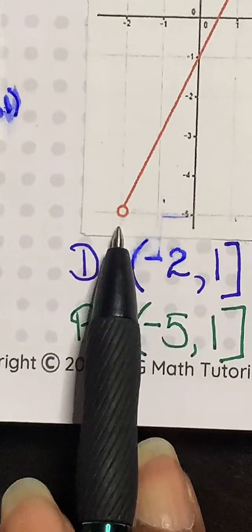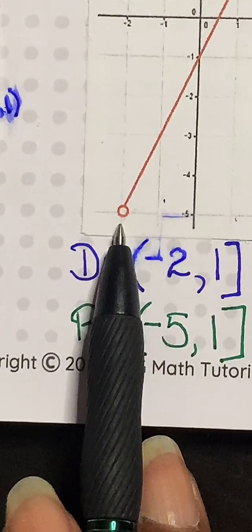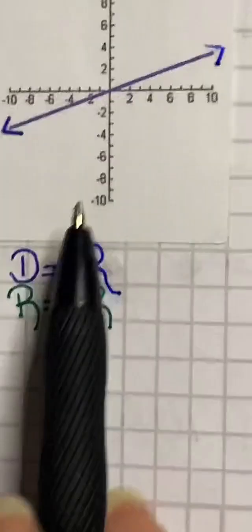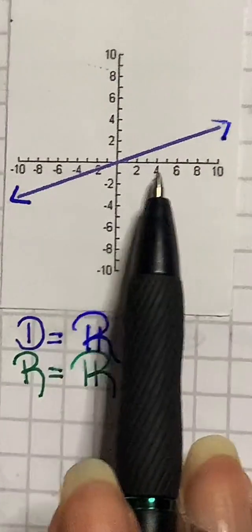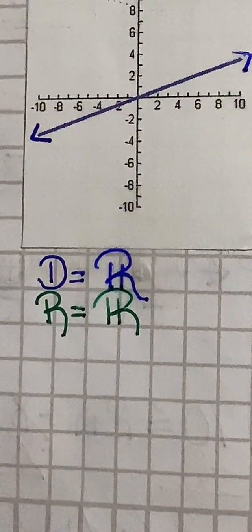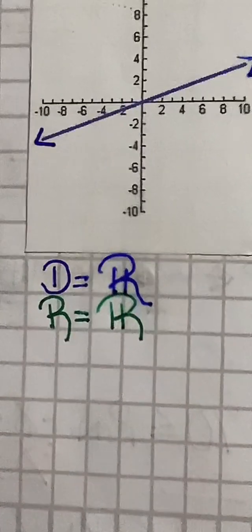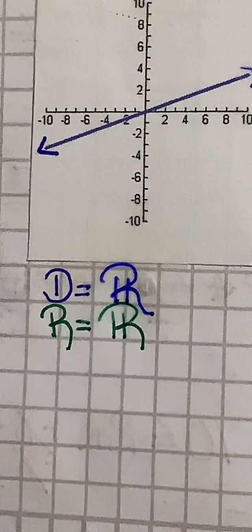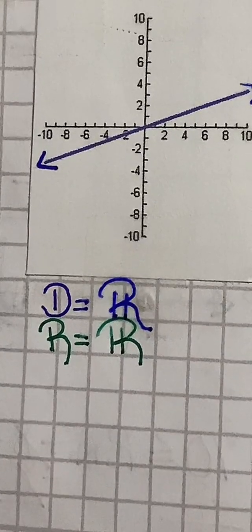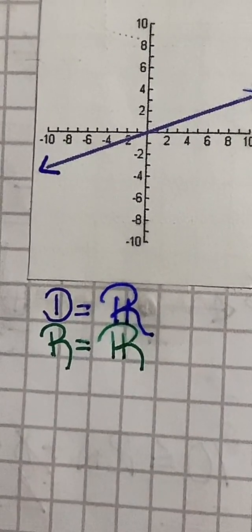If it had an end point down here, that's a stopping point. But anytime it has arrows and it's just a straight line, it's always going to be all real numbers in both directions. All real numbers, diagonal, horizontal.